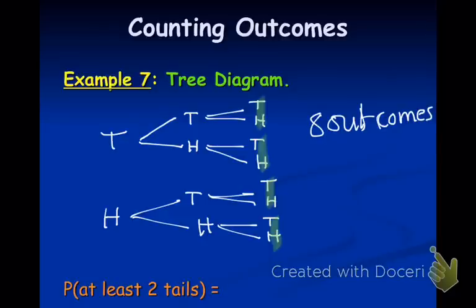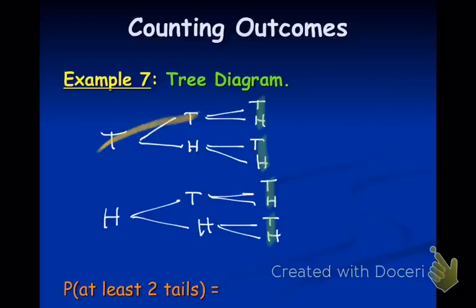But the question was, how many of these are going to have at least 2 tails in them? So we have to look at it across. So this first option, I'm going to erase this so we can write it out. Which of these options means that it has 2 tails? So this first one right here, I'm going to highlight it in a different color so we can see it.